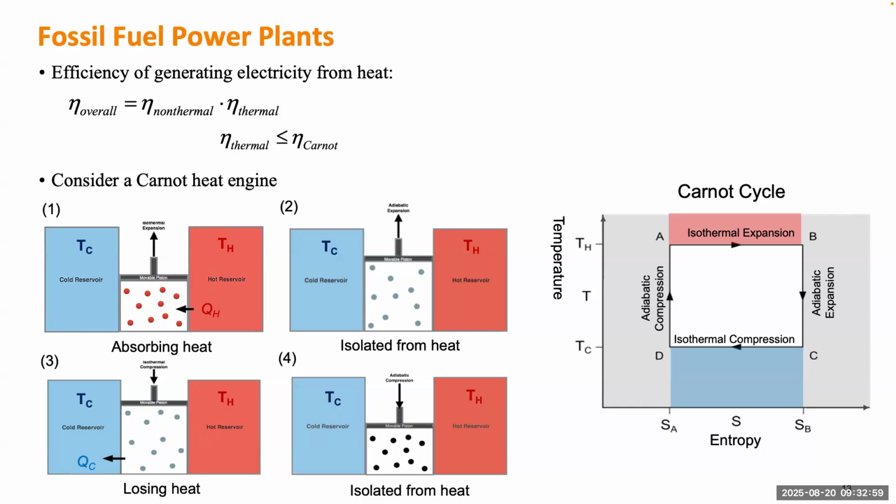Similarly, the third step decreases entropy but keeps the temperature the same. And the last step increases temperature. So the four steps make a cycle in this plane that is exactly a rectangle. That makes calculating the efficiency and the work much easier than for realistic engines. We call this cycle the Carnot cycle.